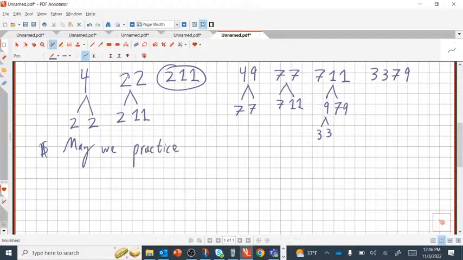May we practice factoring and expanding? Factoring, expanding, and/or simplifying variable expressions.